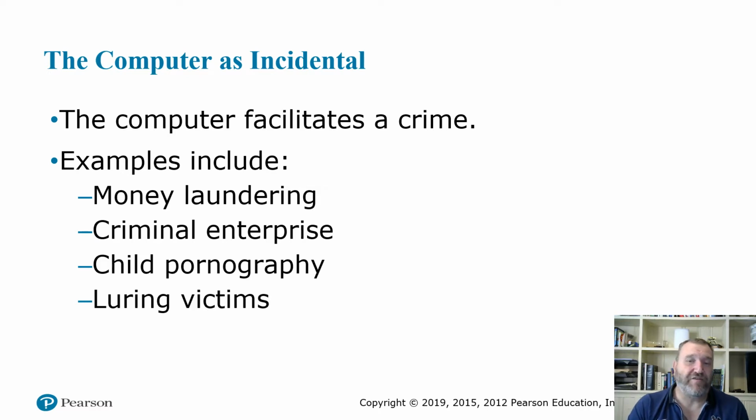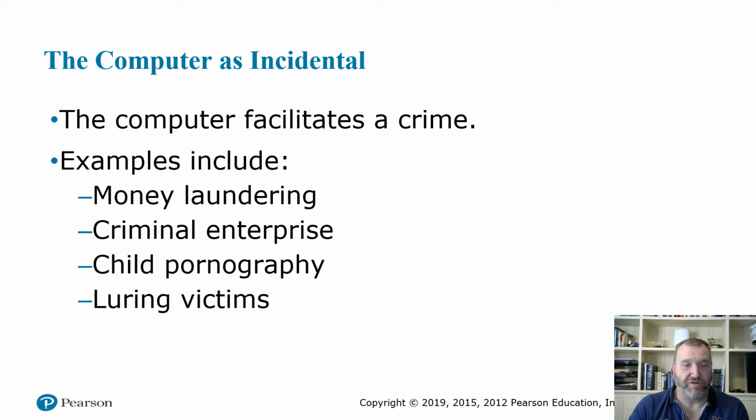Computer is incidental. So if I'm doing money laundering, the crime is not typically going to be on the network itself. Money laundering happens by me doing banking and moving monies through, which is not a crime, but it's the use or the ability of the computer to help me do that. Child pornography, changing images.